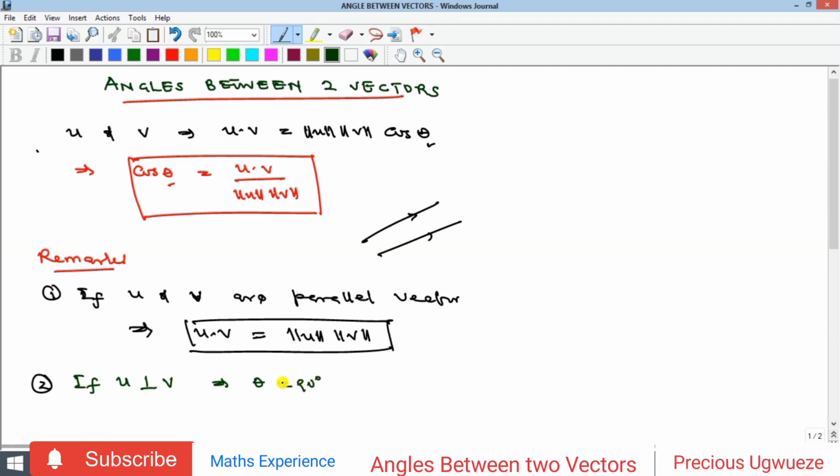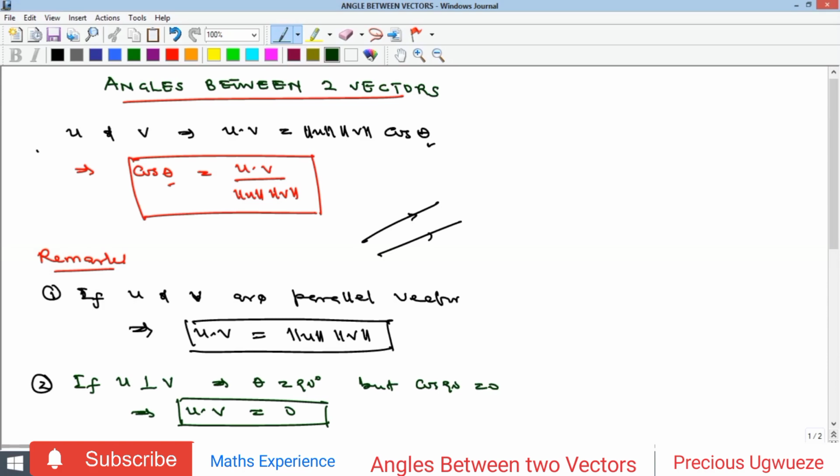We know that cos of 90 is equal to 0, so that implies that the dot product of u and v in that case will always give us 0. So whenever the angle between two vectors is 90 degrees, the dot product of those two vectors will definitely be 0. And on the other side, if you get the dot product of two vectors to be 0, then those two vectors are perpendicular.